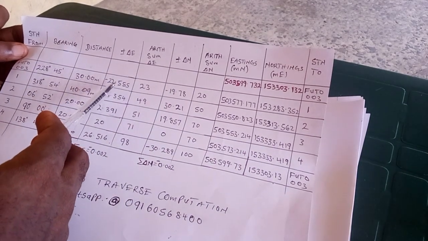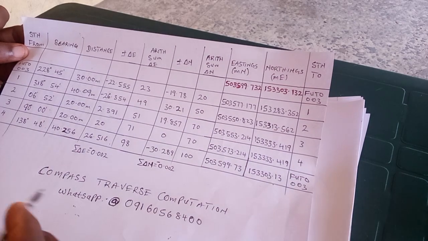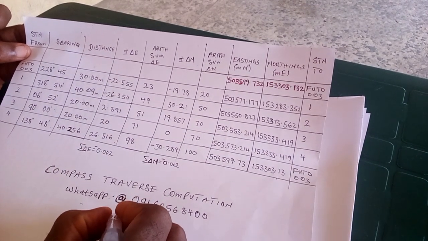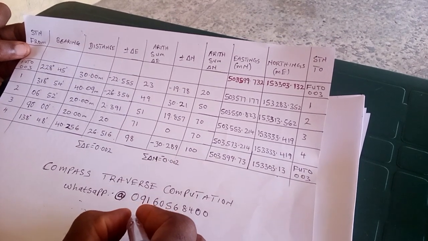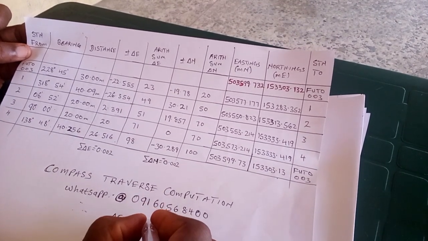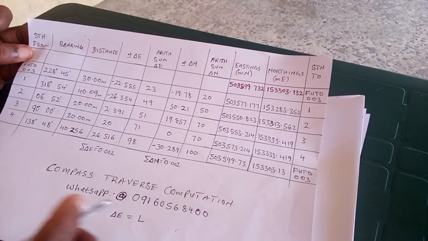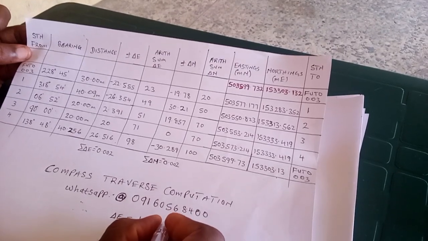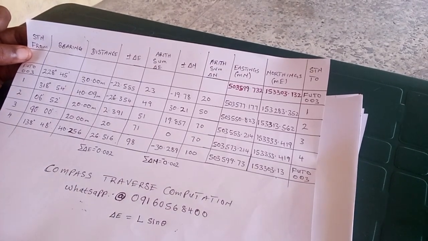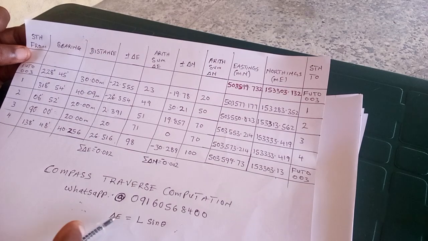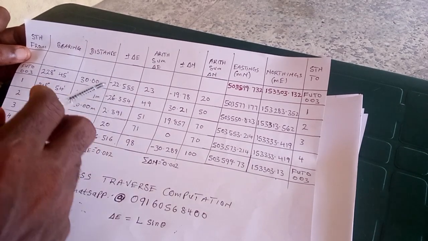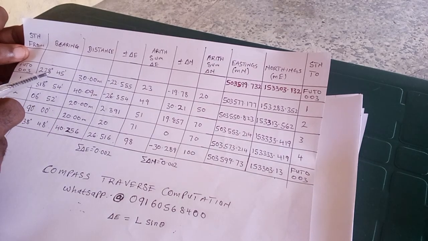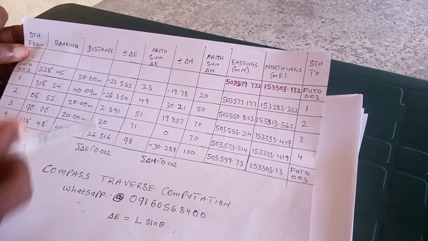To get delta E, you use delta E equals L sine theta, where L stands for the distance and theta stands for the bearing. The moment you do L sine theta, you have this partial coordinate. So you multiply the distance by the sine of the bearing, just like what we have here.